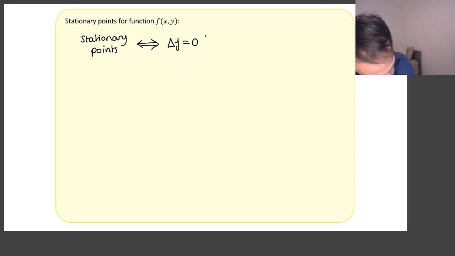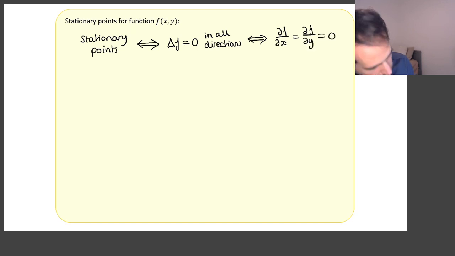Okay, and this is in all directions. And this is equivalent to finding that the two first order partial derivatives must be equal to 0 simultaneously, both of them. So that's the way to find them.